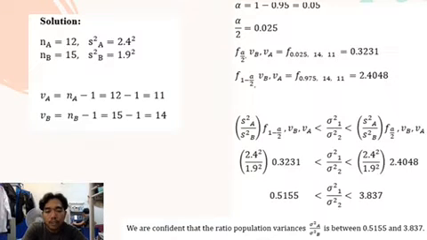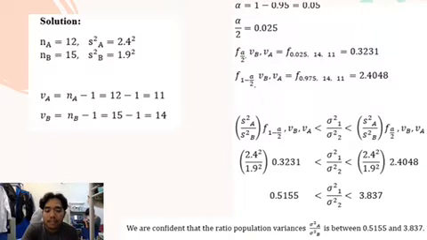Okay, we continue with the solution. From the data, n A is equal to 12 and n B is equal to 15. The variance A is equal to 2.4 to the power of 2. Variance B is 1.9 to the power of 2. V A is equal to n A minus 1 equal to 12 minus 1 equal to 11.